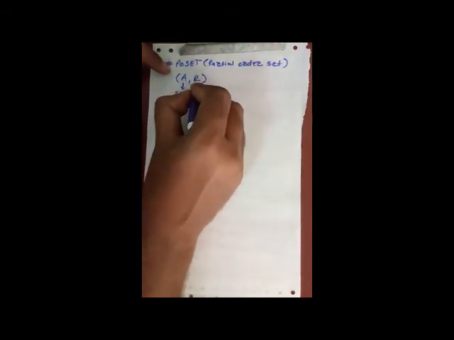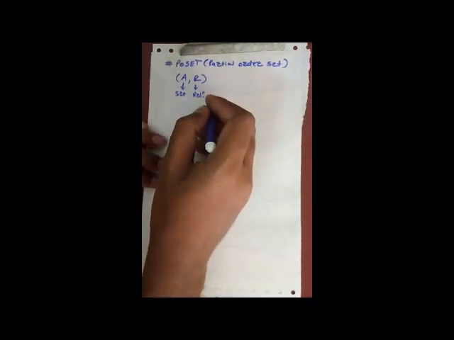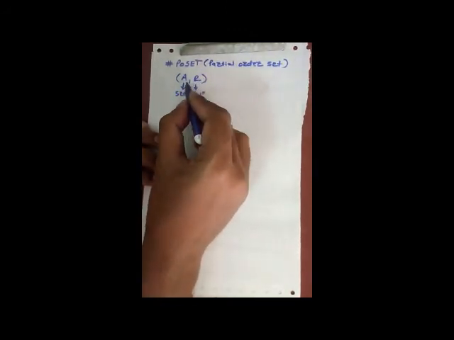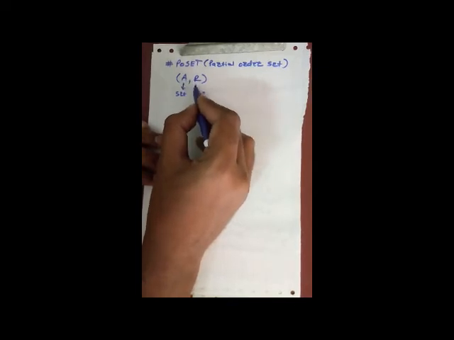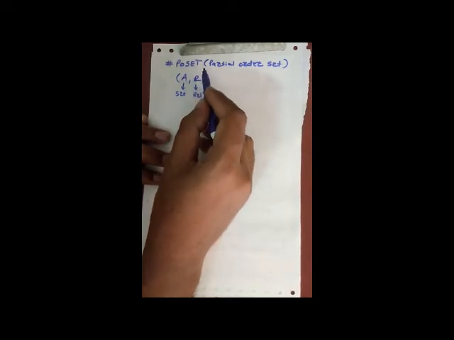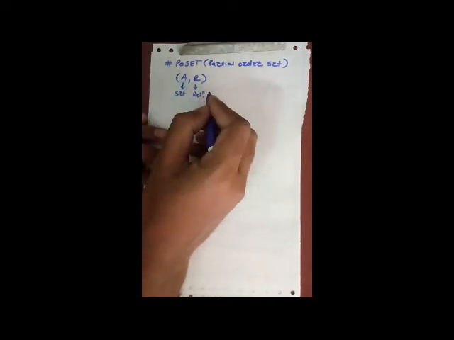So here A represents a set and R represents a relation, it may be any relation. So a relation with a given set is called a partially ordered set, right? And in that case, A is the set and R is any relation.